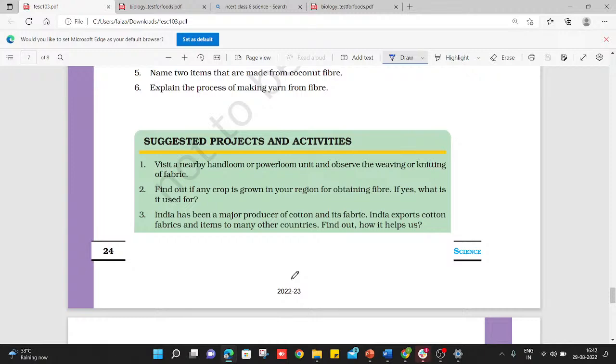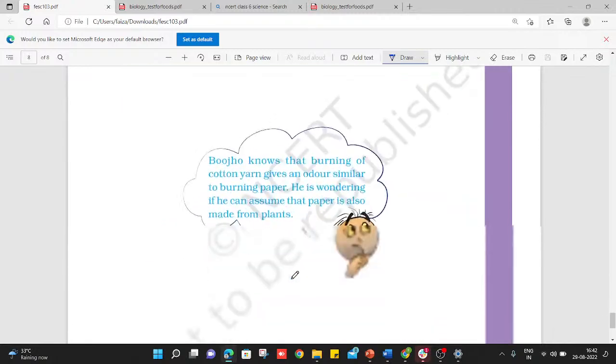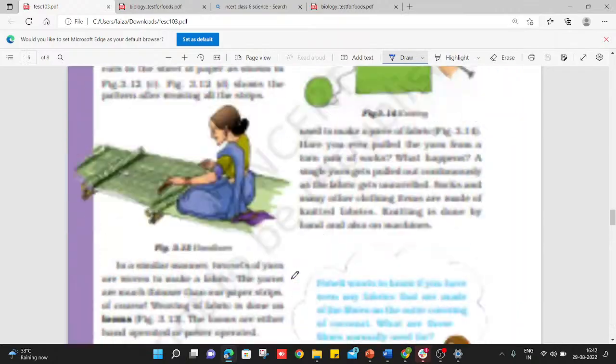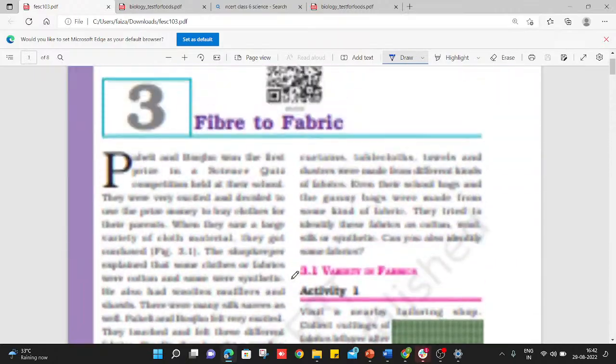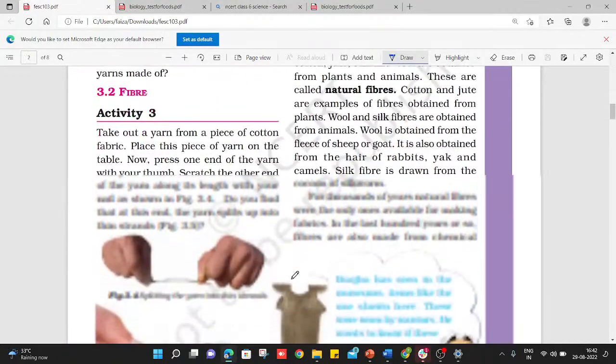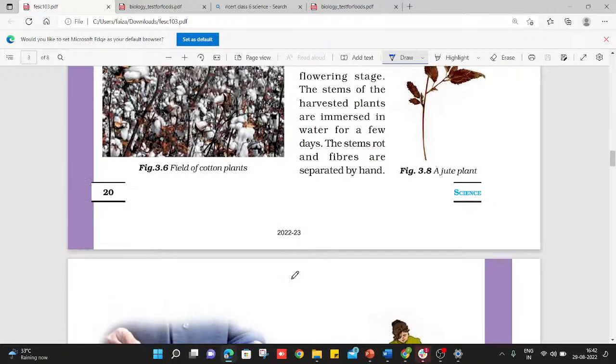So it's not that much of a deal. And one more thing, please revise this topic. These are really interesting topics and you will have a lot of fun.